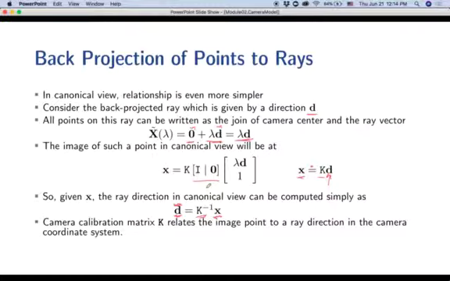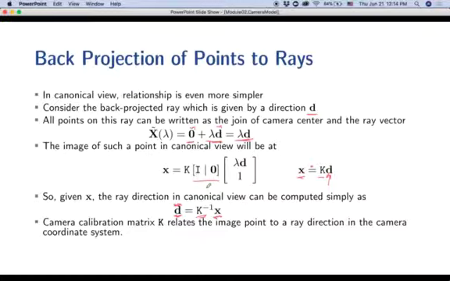In fact, this gives you some insight into the role of K also. Okay, think about your image, and you have a point in the image which you fixed in the pixel coordinates. Which ray it's going to map to in the world depends on K. And in fact, one of the critical entities in K is the focal length.